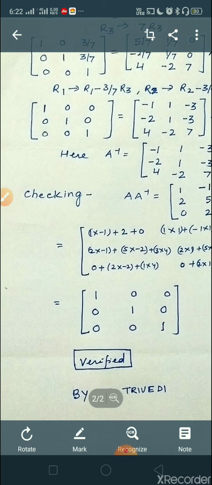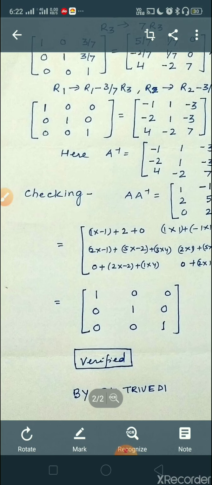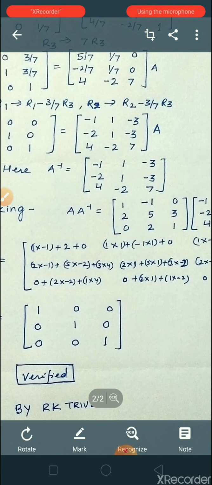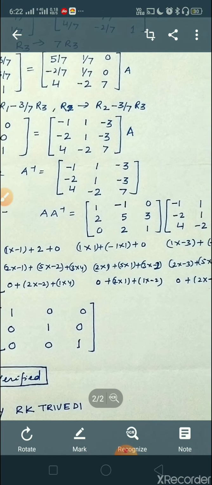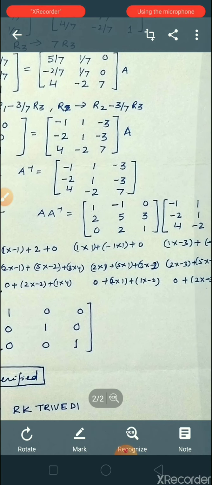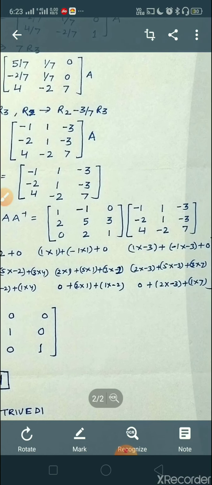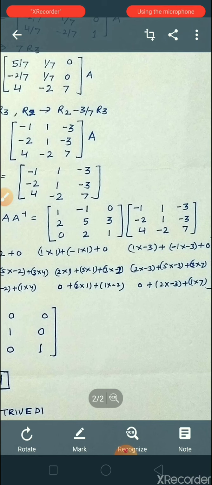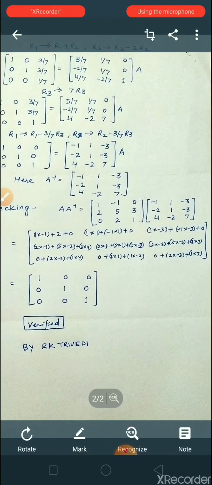Now we can also check whether our result is correct or incorrect. This is very simple. Simply multiply these two matrices, A and A inverse: [[1, -1, 0], [2, 5, 3], [0, 2, 1]] and [[-1, -2, 4], [1, 1, -2], [-3, -3, 7]]. If you get the product of these two matrices as an identity matrix, then our result is true.